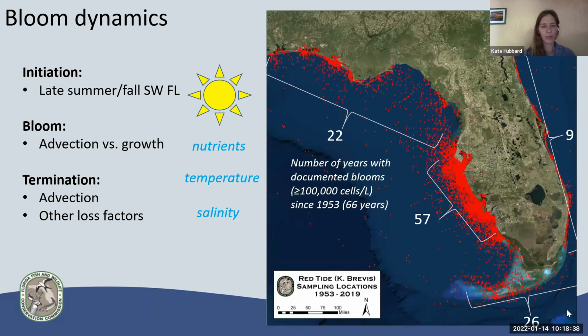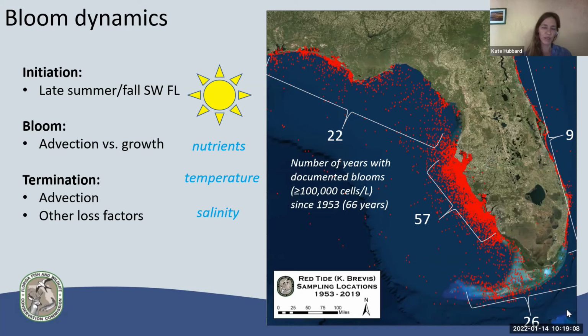So as we start to think about the complexity of bloom dynamics, these factors that are really important in the growth of Karenia brevis help it prevail over a number of different conditions lasting across a year. If you think about the temperature or salinity conditions as this organism is moving from the deep ocean into our estuaries and also persisting for over a year, sometimes up to 30 months, it's able to thrive across a really broad range of temperature or salinity conditions.